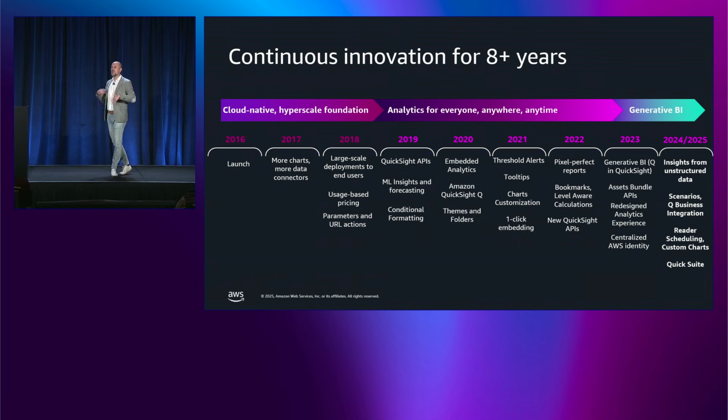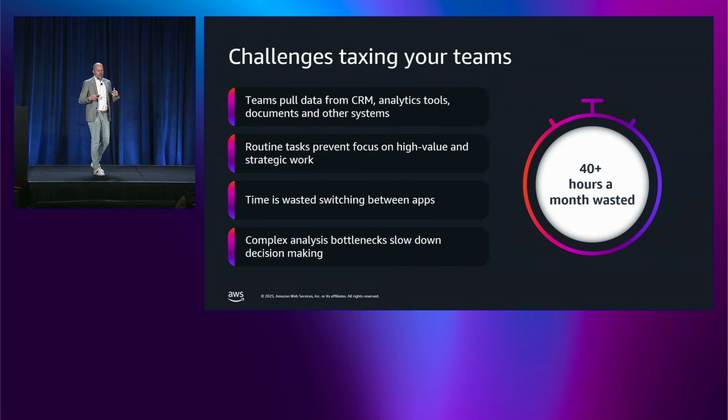But then let's continue working backwards. What we have seen and heard from our customers in the last couple of years is that they spend a lot of time collecting data from multiple locations, using multiple analytics tools, which leads to a lack of a right source of truth.